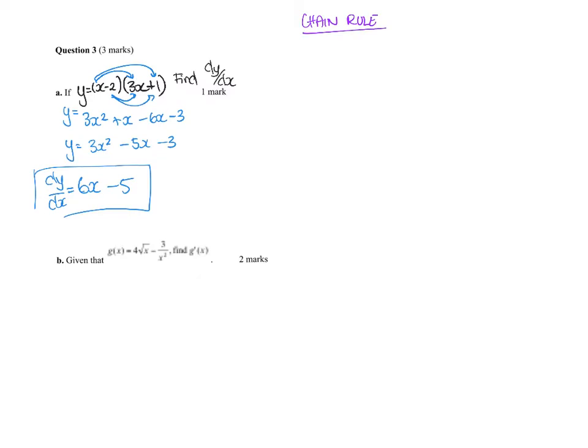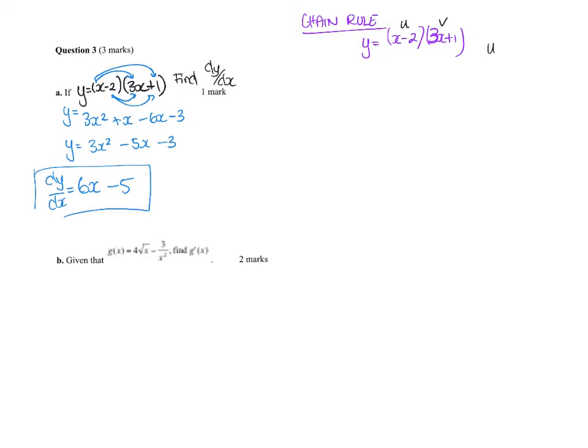Okay, so with the chain rule, if I've got y equals this, they look a bit nasty, I don't know how to expand that. So what I'm going to do is call this u and this v.